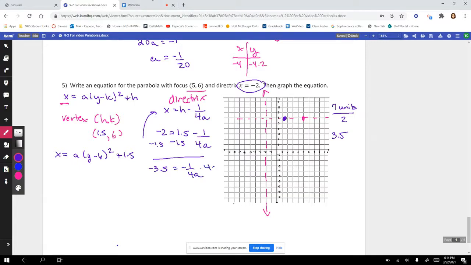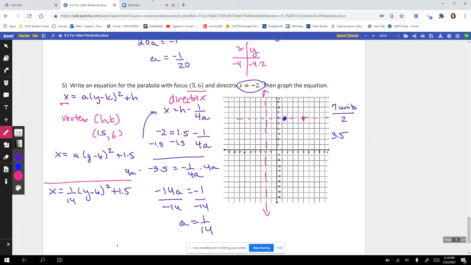Multiply both sides by 4a. So I have negative 14a is equal to negative 1. Divide both sides by negative 14, and I end up with a is equal to positive 1/14. So my equation here is going to be x is equal to 1 over 14 times (y minus 6) quantity squared, plus 1.5. So that's my equation that I'm going to need.